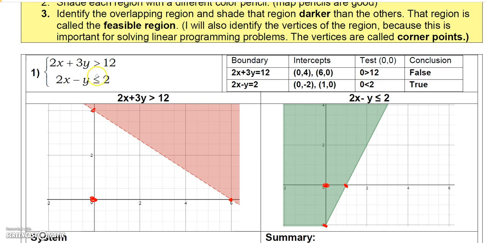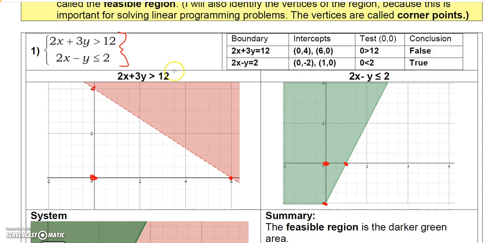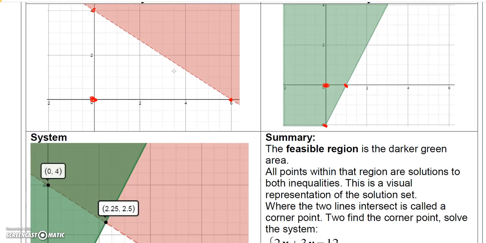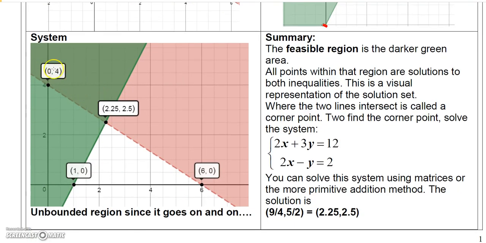Now, that's the solutions to each of those inequalities, but actually I want the solution to this entire system. So the solution to this entire system would be where they overlap. And if you lay the first one, here's the boundary for the first one, and remember we shaded everything above here.